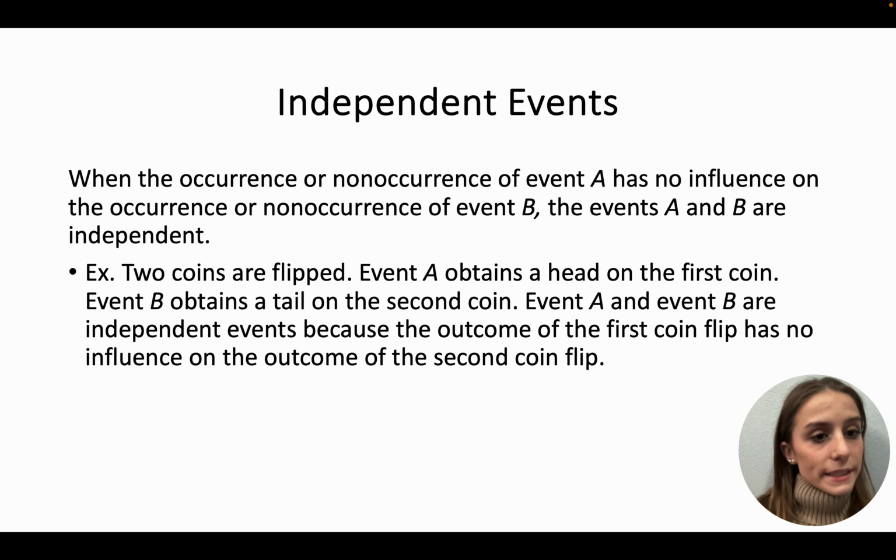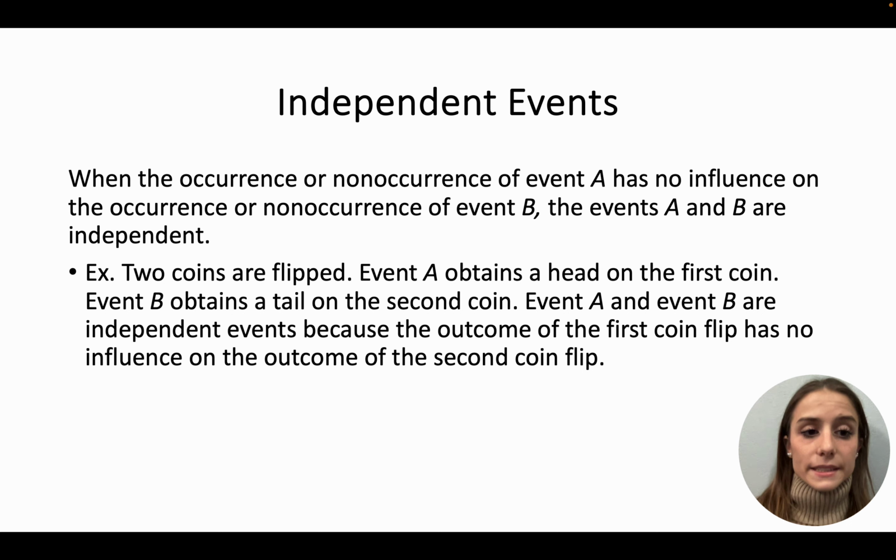Looking at independent events: when the occurrence or non-occurrence of event A has no influence on the occurrence or non-occurrence of event B, the events A and B are independent. Let's look at our example. 2 coins are flipped. Event A obtains a head on the first coin.